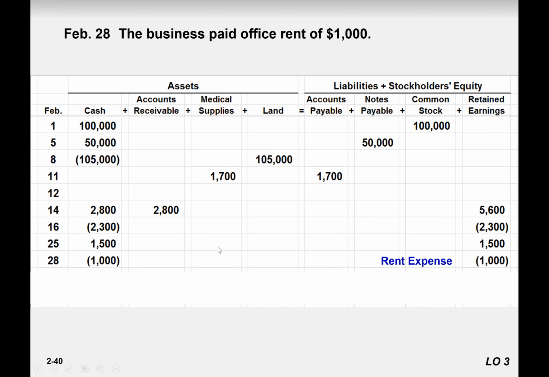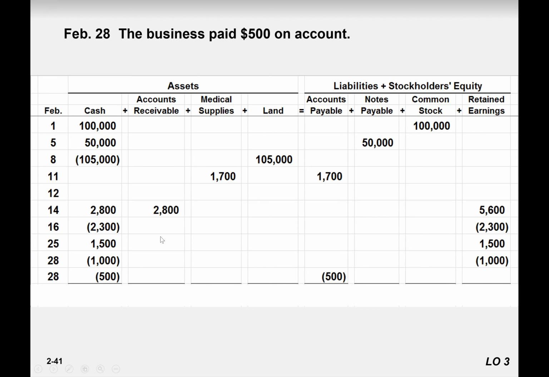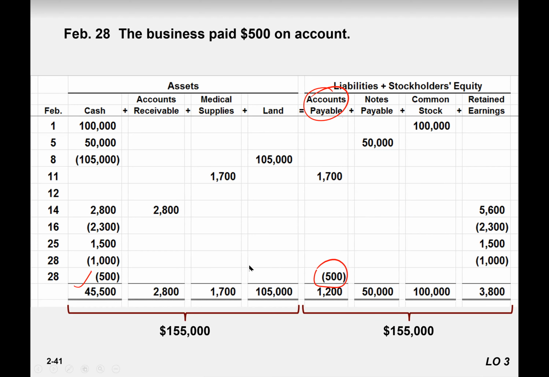So you paid the rent, expense increases on the retained earnings side, and here we go, the cash decreases. On the 28th, the business paid on account. It means cash decreases; on account means mostly you paid your suppliers. So 500 decrease. So you see here.